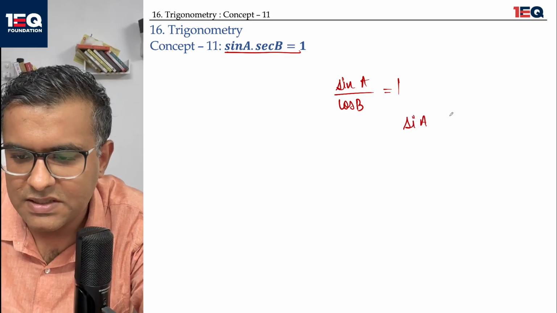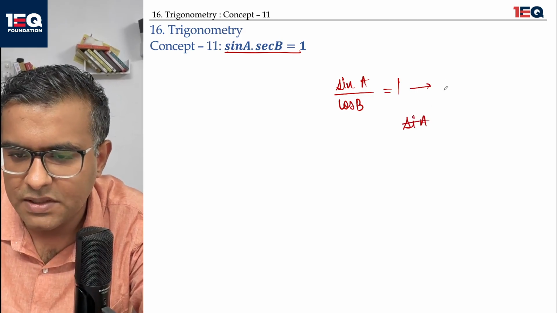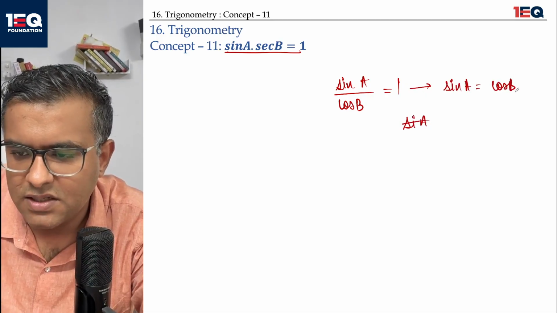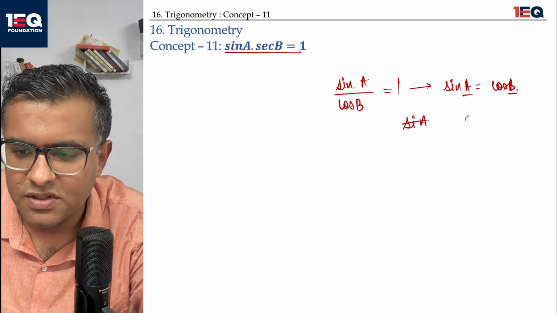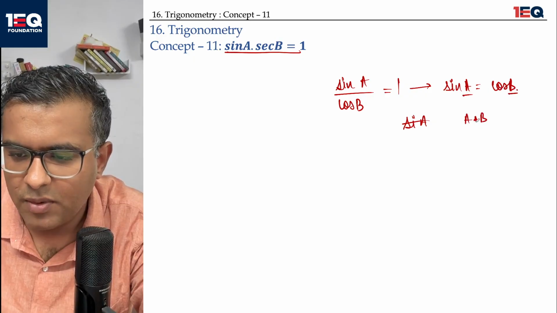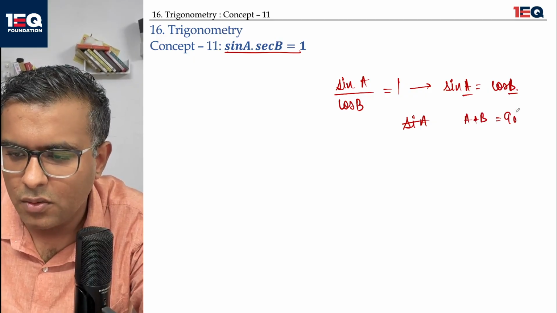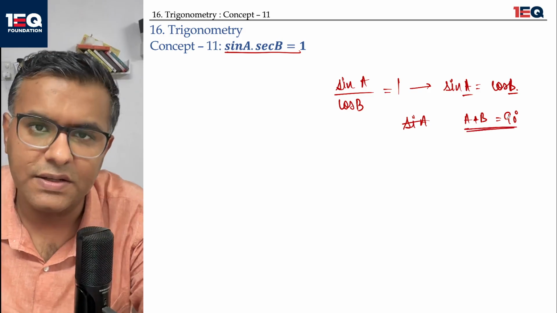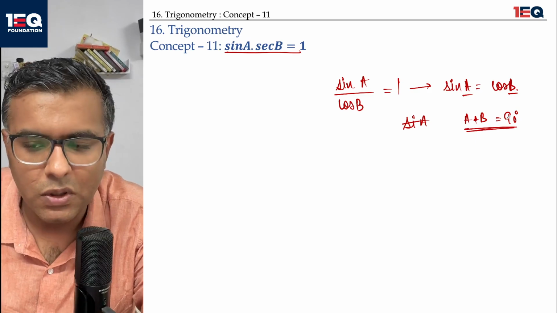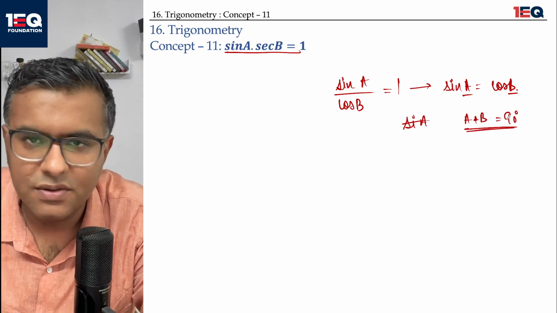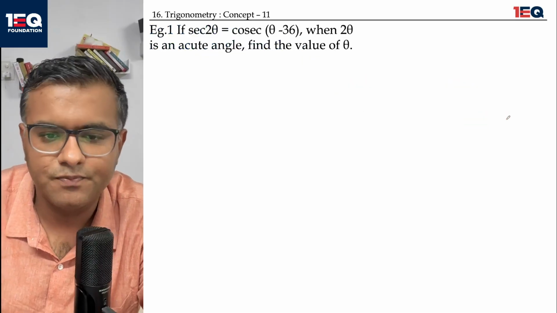This means sine A is equal to cos B. This is only and only possible when A plus B together are equal to 90 degrees, right? So this is the foundation that I'm laying down here.